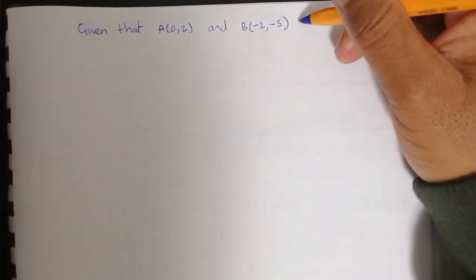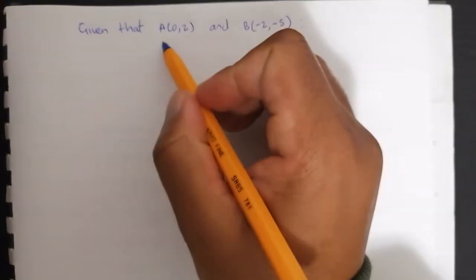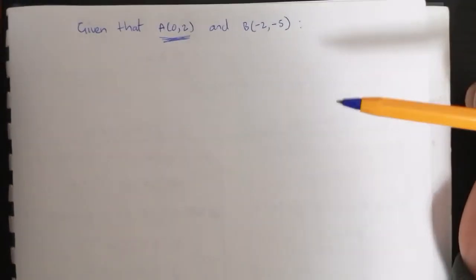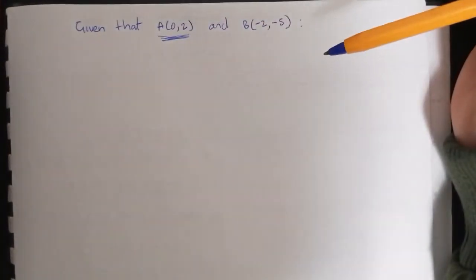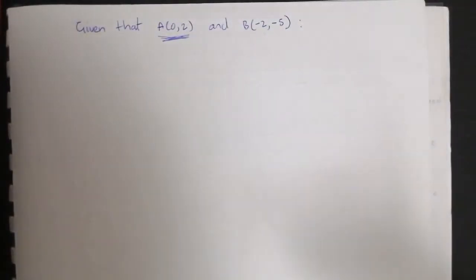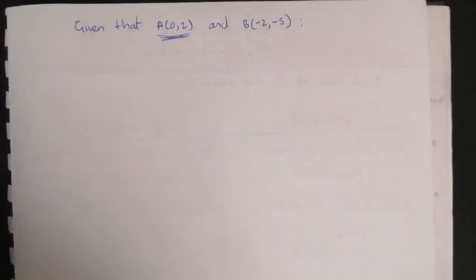So before we even get to the formulas, one thing you have to notice here first is that this point where x is 0 and y is 2 is the y-intercept, and this is an important factor in this example.